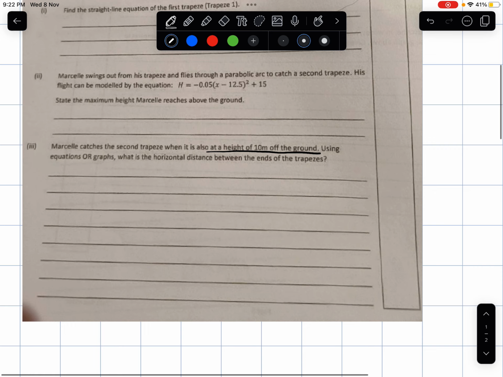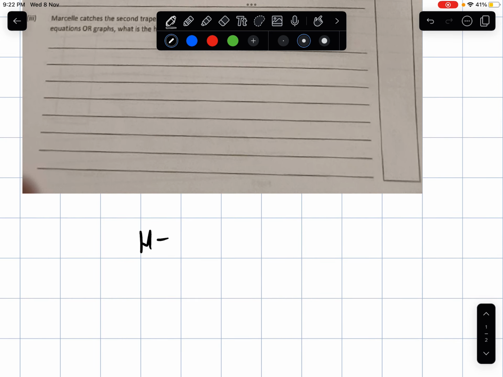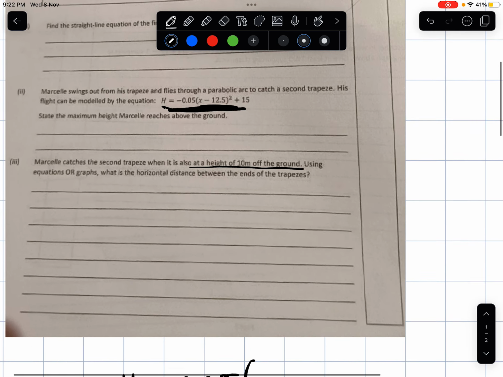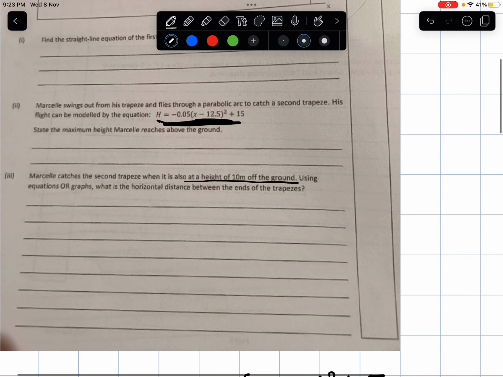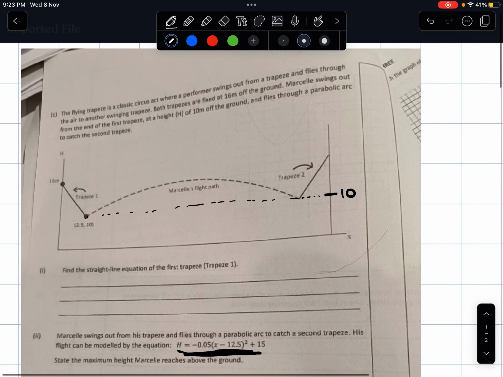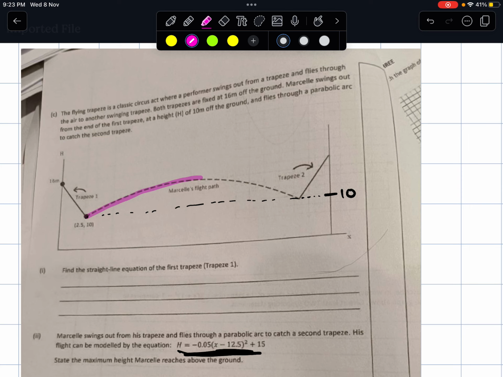I'm going to use this equation that we were given earlier. So h equals negative 0.05 (x minus 12.5) squared plus 15. Because basically we know this is parabolic, so that equation is the equation of this line, right?